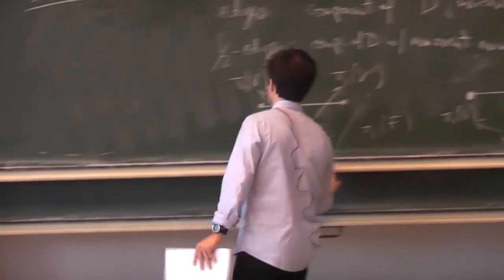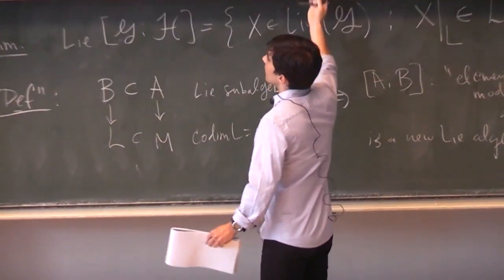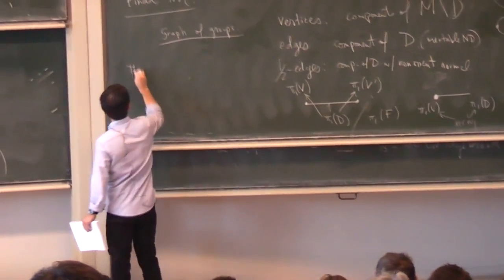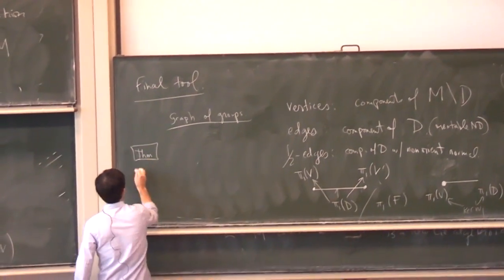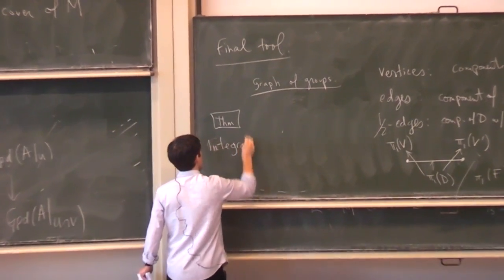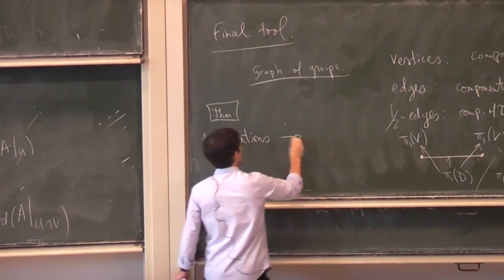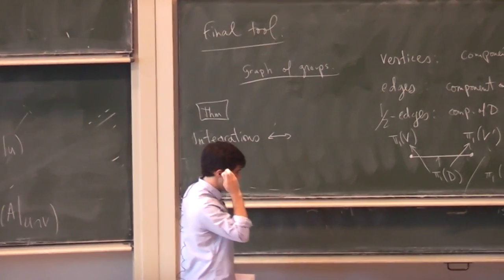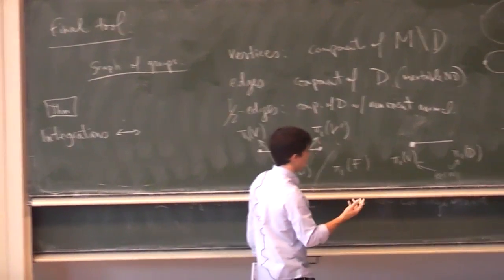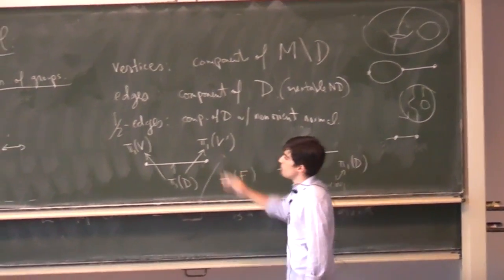And the final theorem, let me just write it here. So the theorem is that the category of integrations is given exactly by, there's an equivalence of categories to, choices of normal subgroups which are compatible with the group homomorphisms.